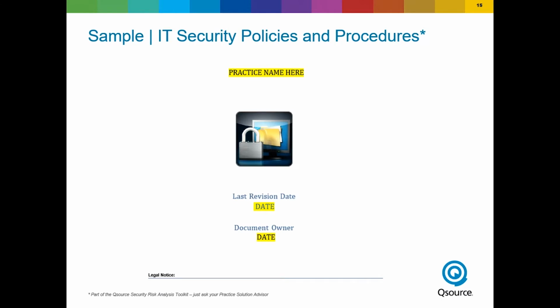All right, so also in the kit is the IT security policies and procedures. This is just the title page showing you here, but this is a very comprehensive document, the sample policies and procedures. Years ago when Meaningful Use started, we were actually a regional extension center, and there were, I think, 68 maybe in the country.